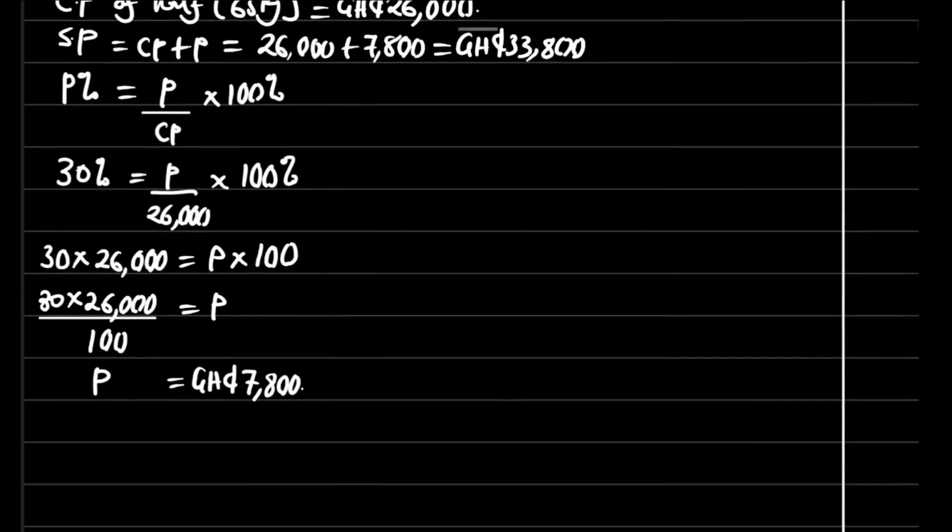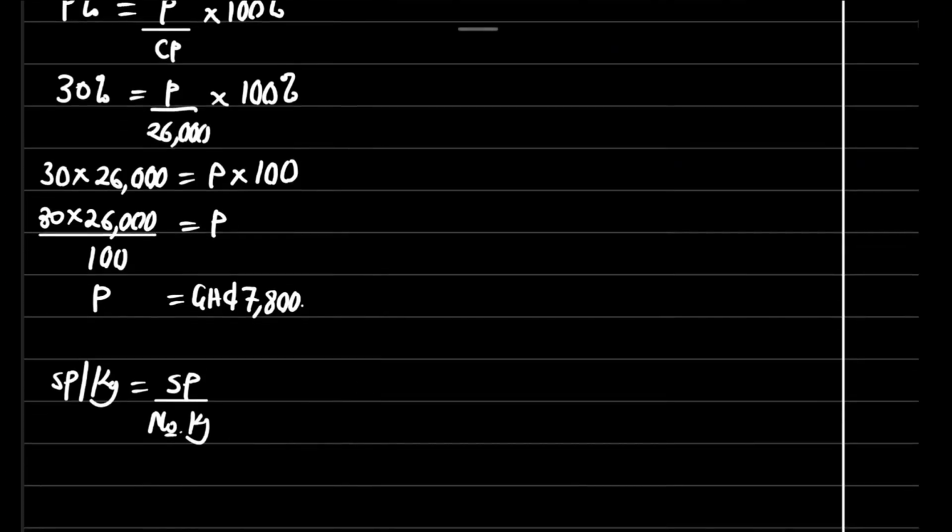So for us to get the selling price per kg, the selling price per kg should be equal to the total selling price of the half of the tomatoes divided by the number of kg sold.